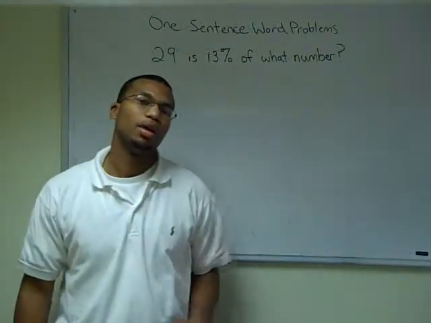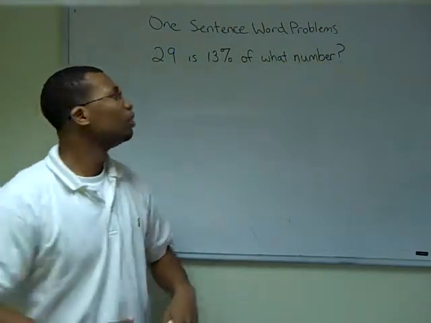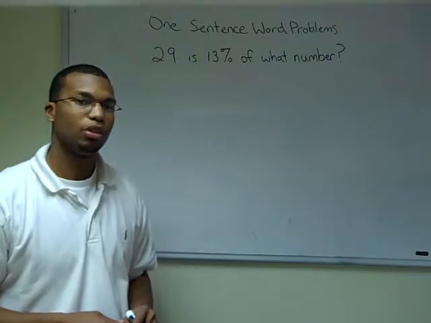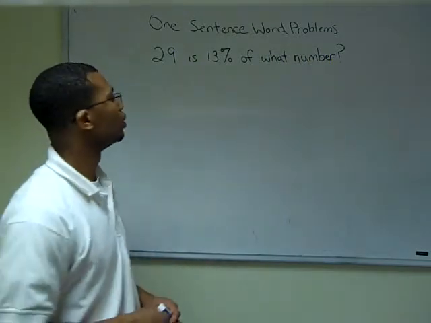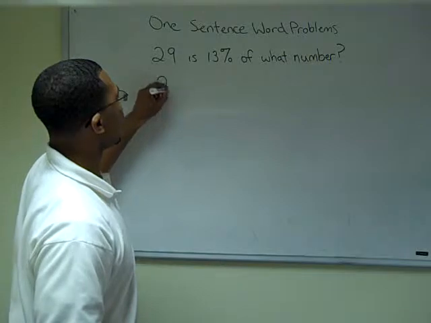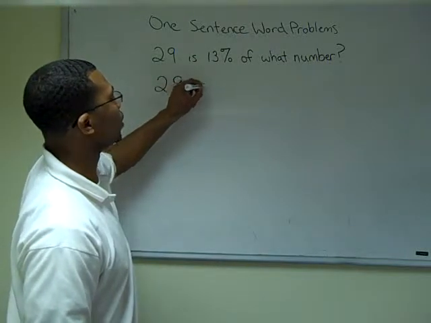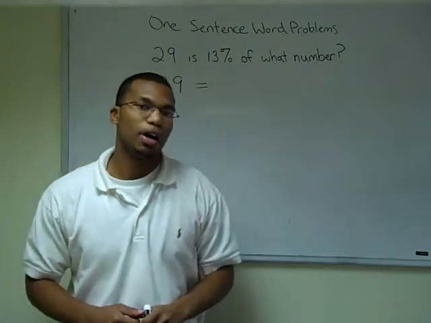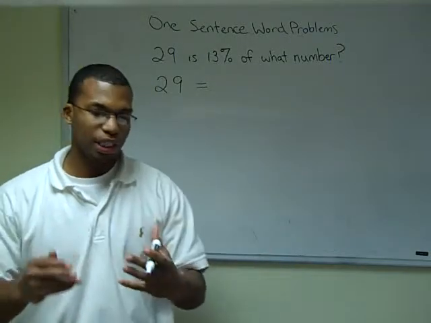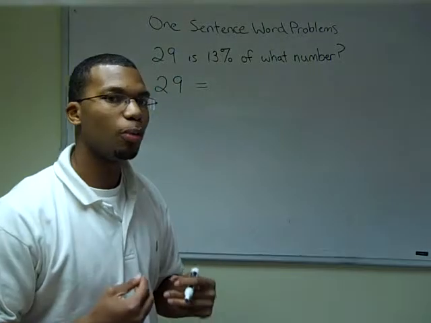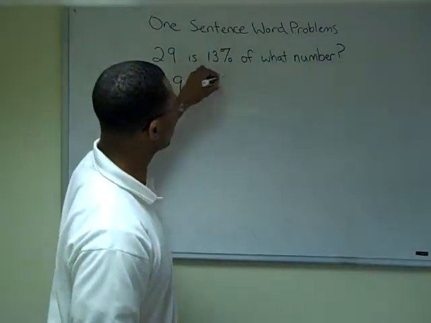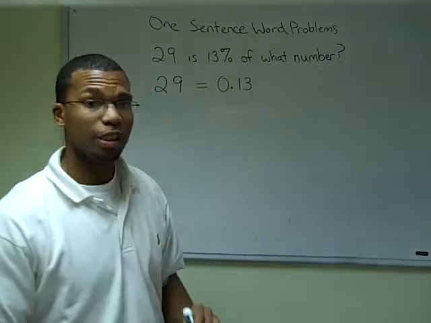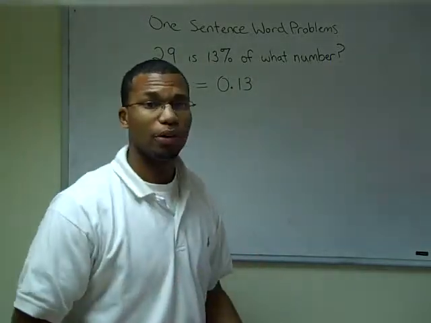In this example, I'm going to solve 29 is 13% of what number? So once again, we'll use our keywords. So we have 29 is, which is equals 13%. So this time in solving this problem, instead of using the fractional notation, I'm using the decimal notation. So I'll use 0.13. Of means multiplication, and what number is x?